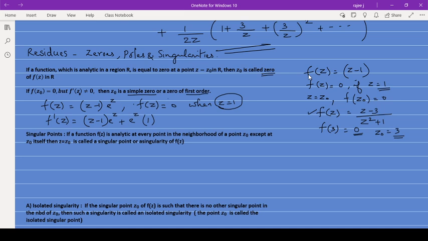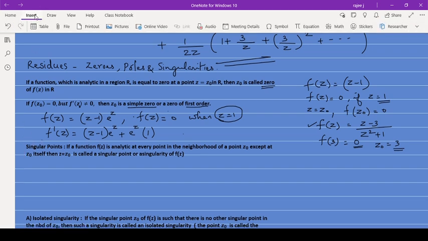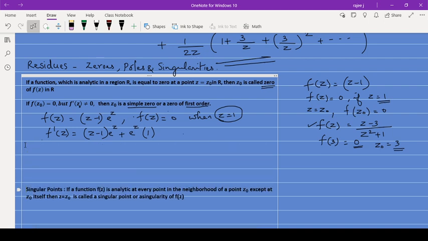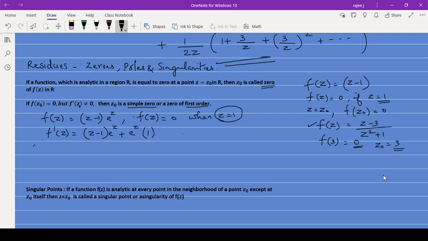So f dash of z equals (z - 1)e^z + e^z. Now put z equal to 1: 1 minus 1 into e to the power 1 plus e to the power 1.